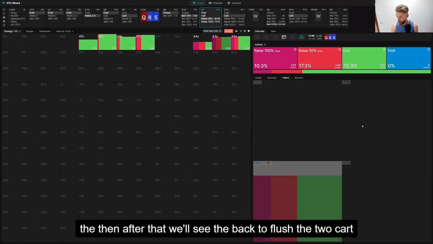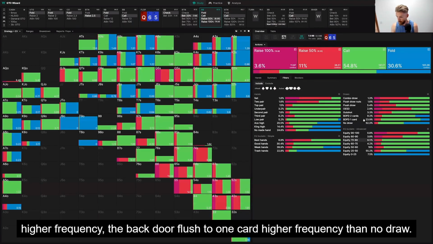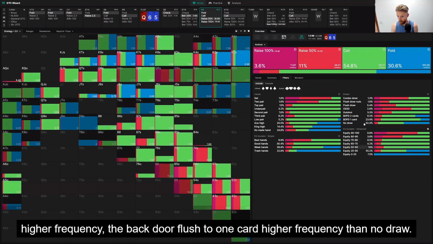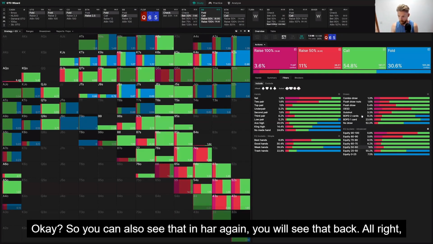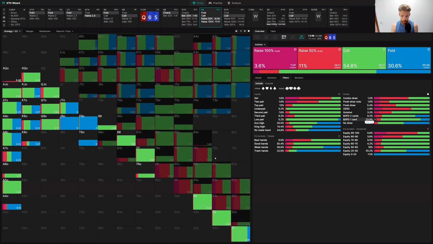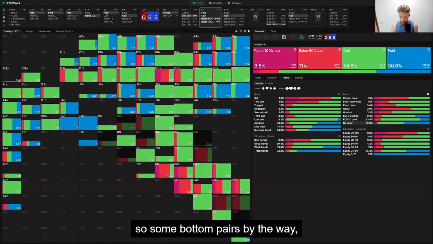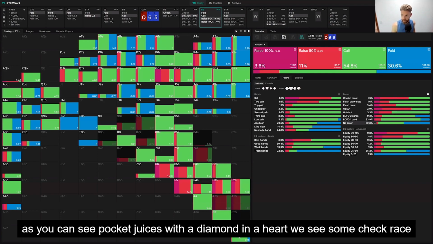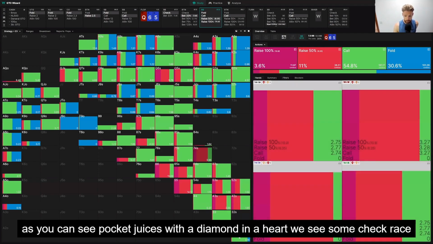Then after that, we'll see the backdoor flush draw with 2 cards at a higher frequency, the backdoor flush draw with 1 card at a higher frequency than no draw. Okay, so you can also see that in the hierarchy, and you will see that back. All right, so some bottom pairs, by the way, as you can see, pocket deuces with a diamond and a heart. We see some check raise frequency.